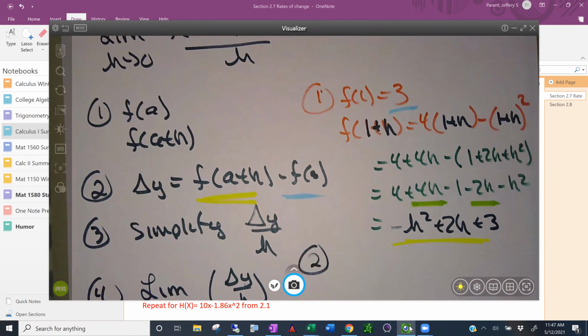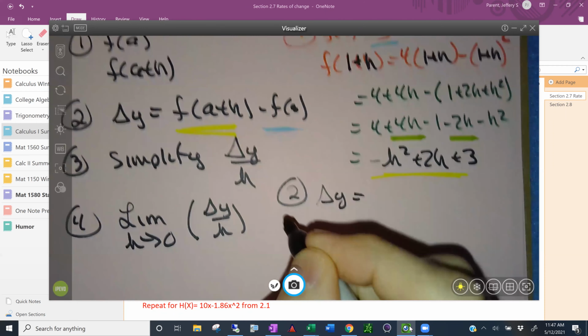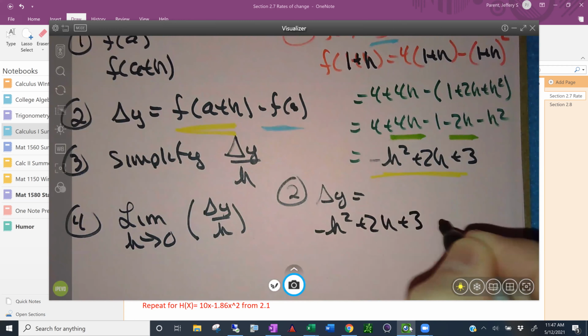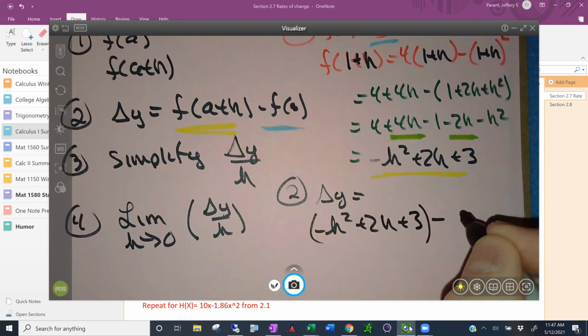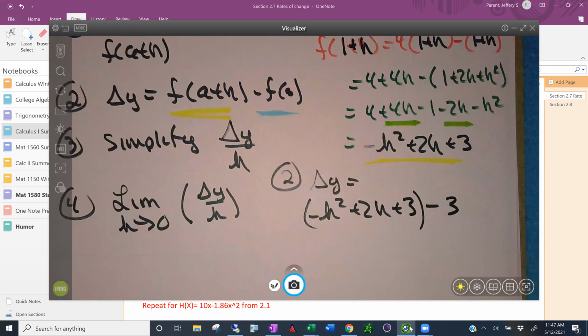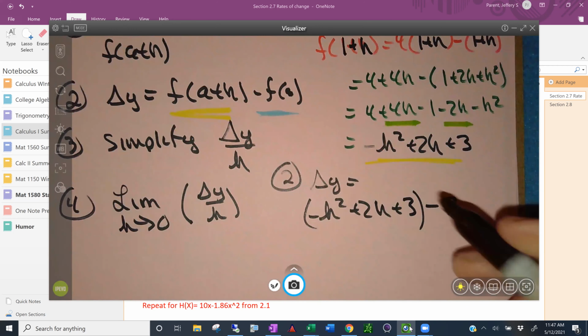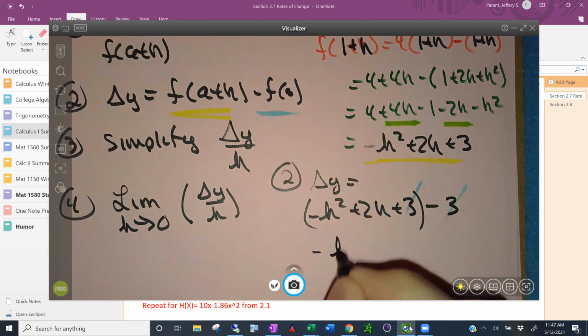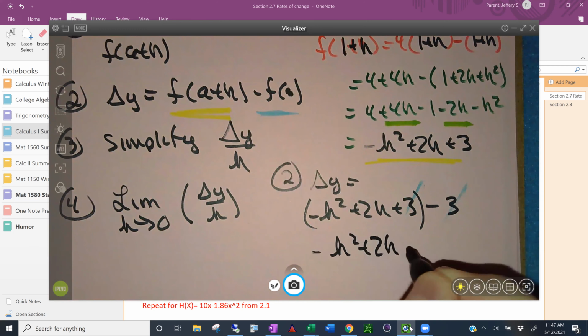So delta y is going to equal negative h squared plus 2h plus 3 minus 3. And guess what? The 3's cancel. So that would be minus h squared plus 2h.